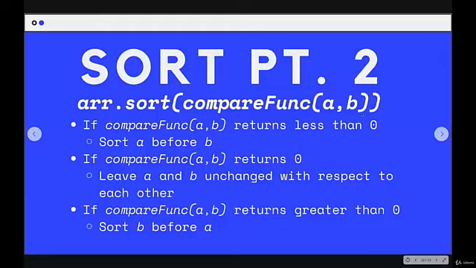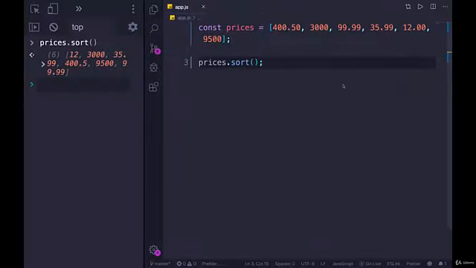If that compare function returns a negative number, the function will sort A before B. If it returns 0, it does not change the order, and if it returns a number greater than 0, it will sort B before A. This is always kind of confusing to explain when you look at it this way. It may not make a lot of sense, but let me show you how we would use it here.